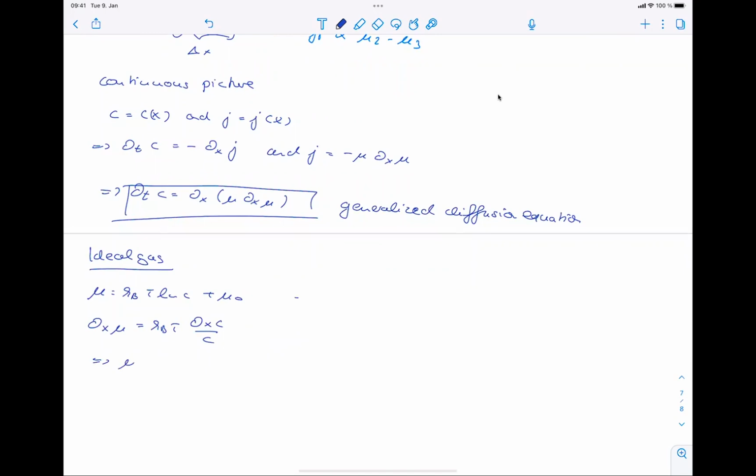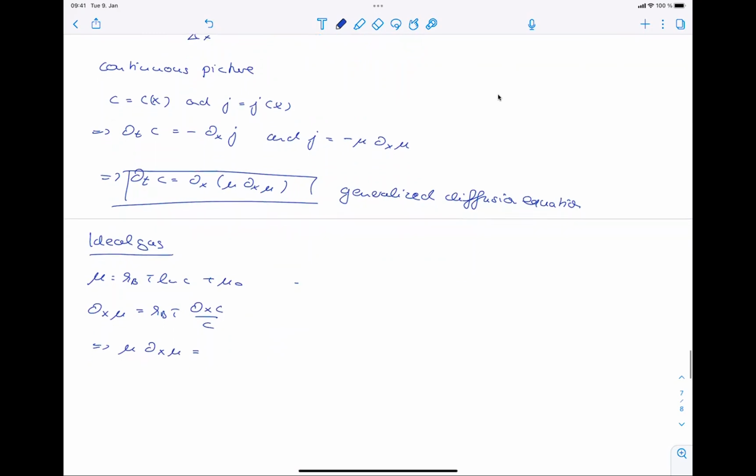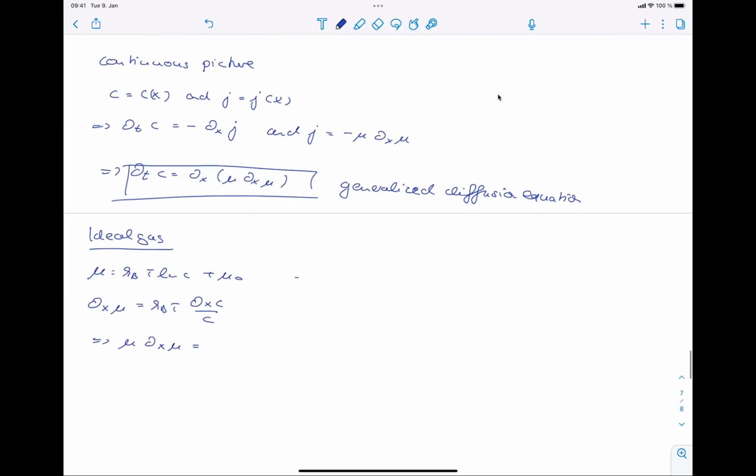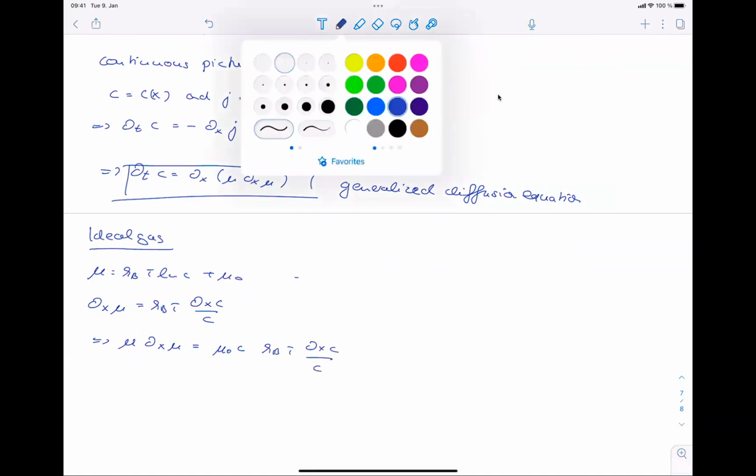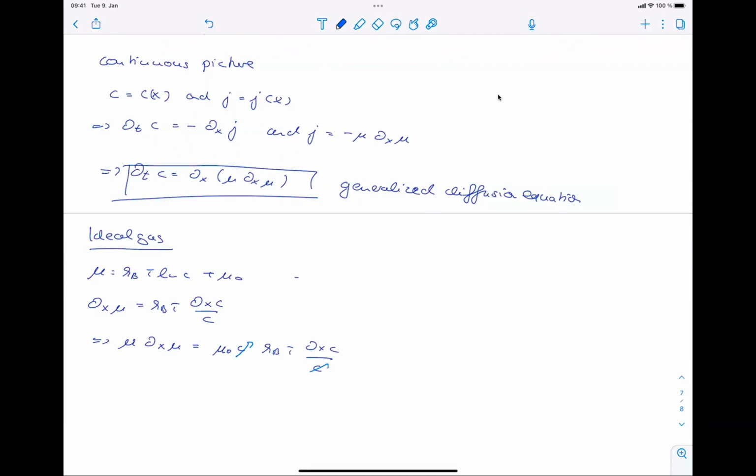So that means that the term mobility times dx of mu, I can write as, and what I'm going to do is approximate the equilibrium mobility as mu naught C. And then adding the dx mu gives me kBT dx C over C. And then you already see that we're arriving at mu naught kBT dx C, where this is a diffusivity.